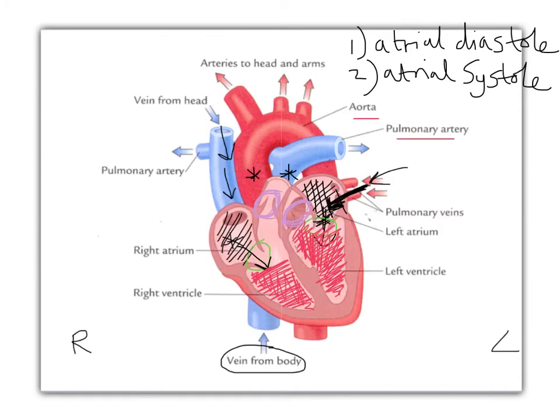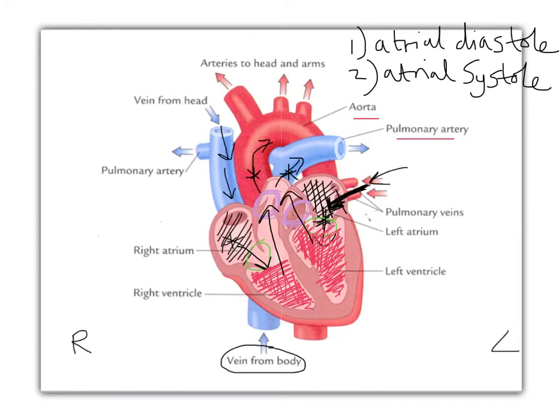So because now we have high pressure and lots of blood in the ventricle, and not a great deal or less pressure beyond the valves in the actual aorta and pulmonary artery, blood will therefore move with that pressure in this direction. So it'll go through the valves and up those blood vessels.